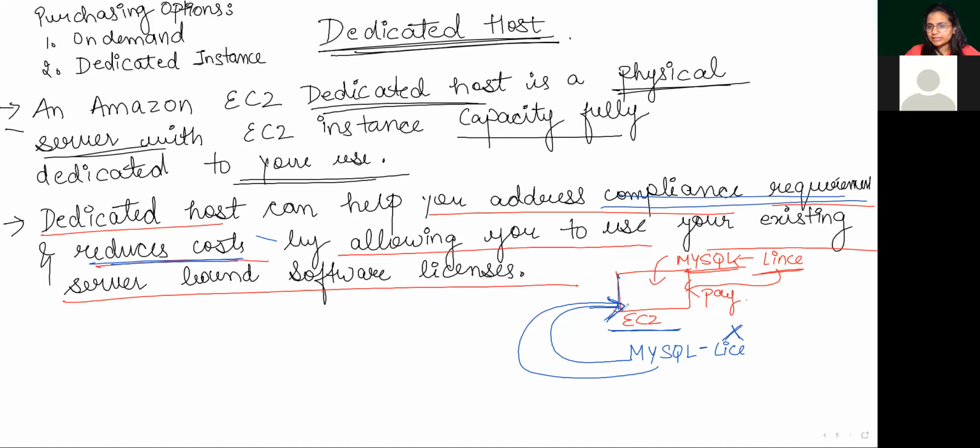Only I can access my own EC2 instance. Nobody else can use my EC2 instance. So instead of buying a new license, if I already have this license in my local system or on my local server, I can just connect it with this. Now my EC2 also has a MySQL license and I don't have to buy it again. Getting it? Got it.